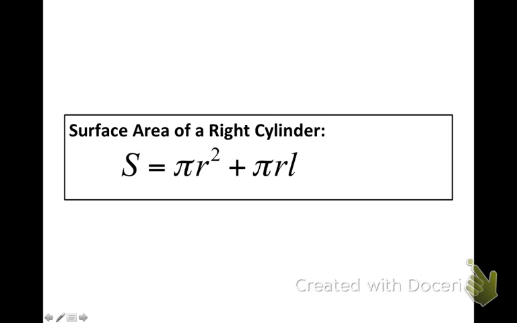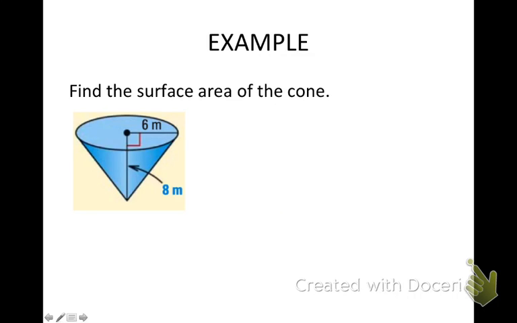All right, so let's jump down to the example. Find the surface area of the cone. So the only thing we really need to know for that is our radius and our slant height. I'm given a radius of 6. Am I given the slant height? Yes or no? Nope, I'm given the normal height.